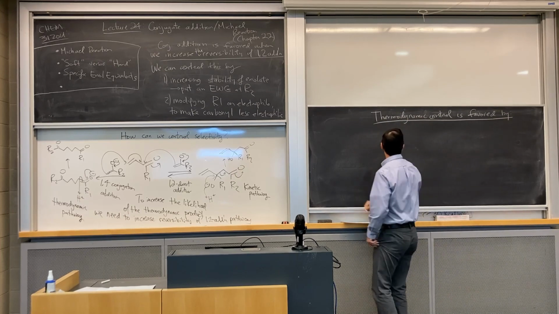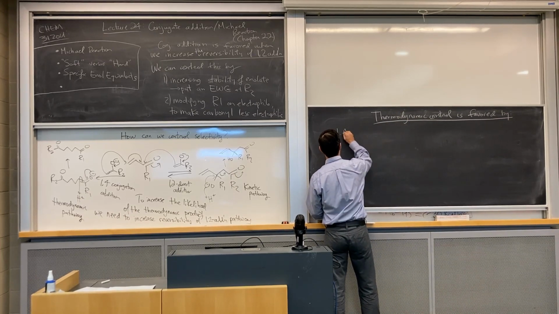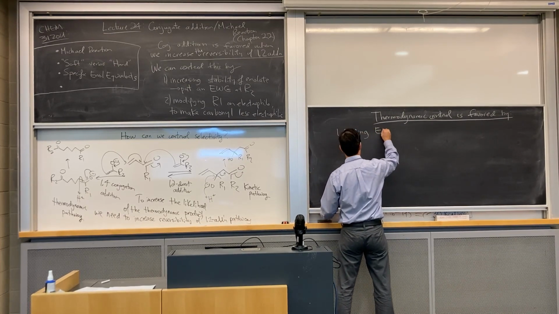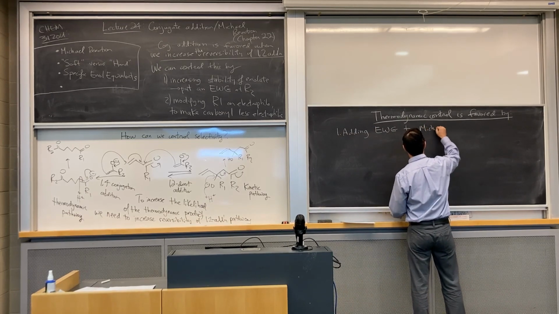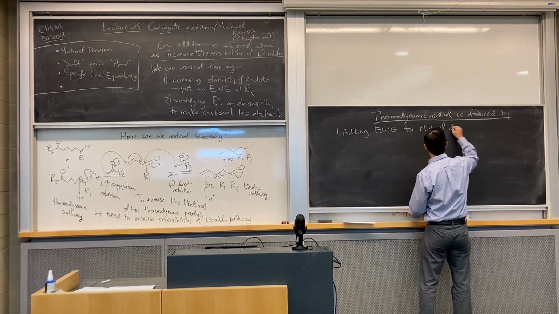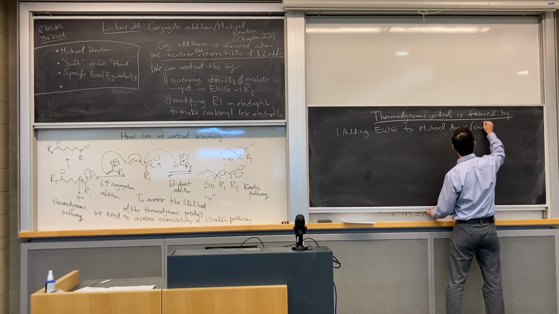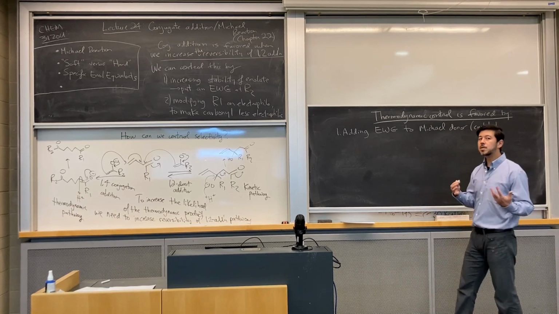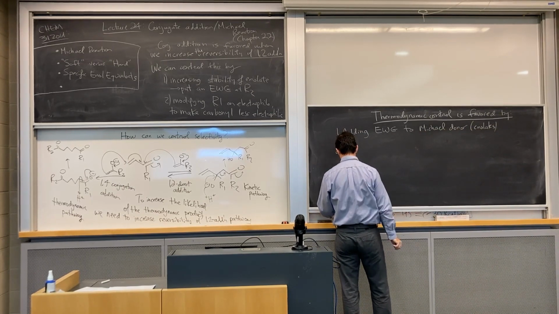So thermodynamic control is favored by, as I mentioned, adding electron withdrawing groups to the Michael donor. Sometimes we like to add 2 electron withdrawing groups to really stabilize it and make it a strong, stable, healthy enolate.